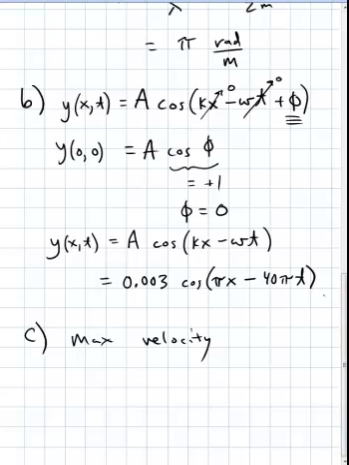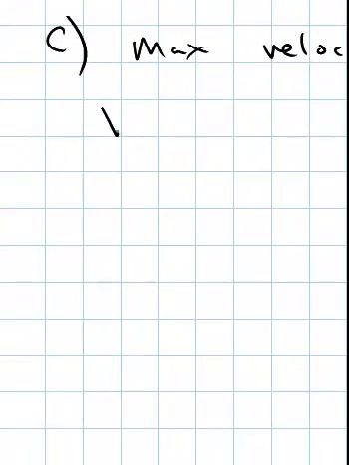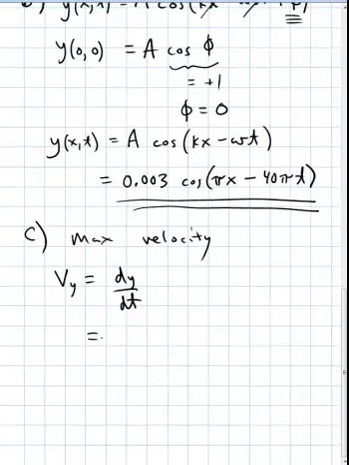We've got the y position as a function of x position and time right here. So what we want to do now is figure out the velocity in the y direction, right? The transverse velocity. And that's going to be the rate of change of the position, right? The velocity in the y direction is going to be dy dt. And we know what y is as a function of t, so we can take its derivative.